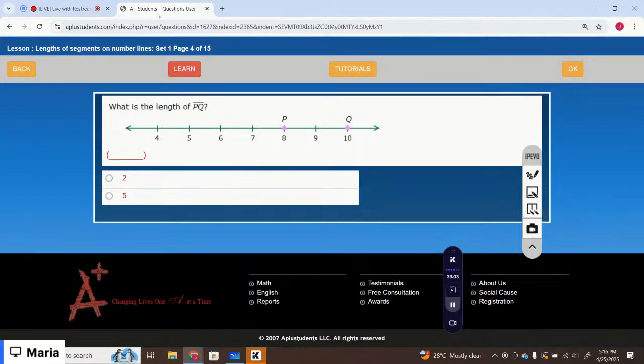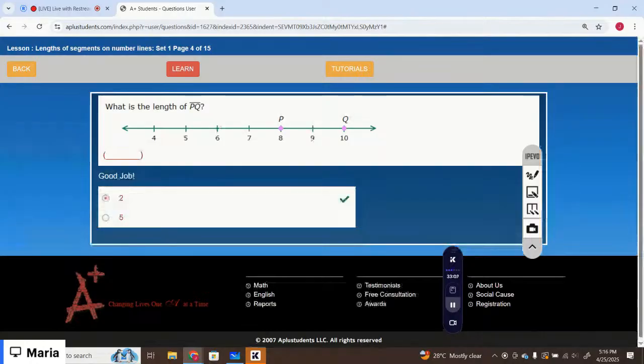The length of PQ is 2 units. Option number 2 is the correct option.